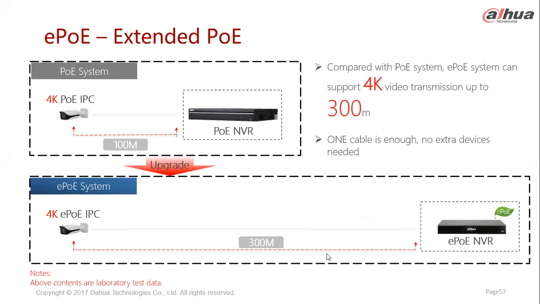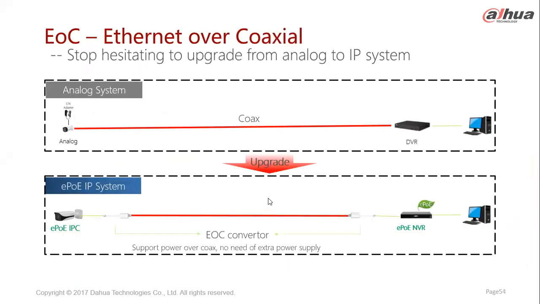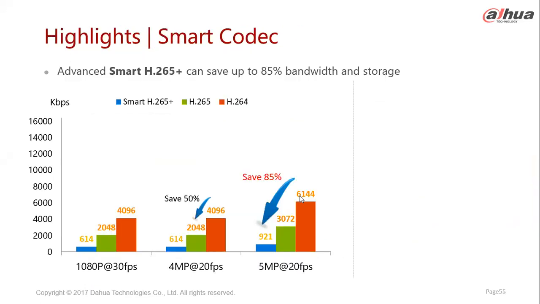Also for these cases, just contact us. You also remember we talked about the EPO technology where you have power of up to 300 meters. For this case it's 300 meters, but theoretically it's 800 meters. We talked about this information before while doing training on NVR.